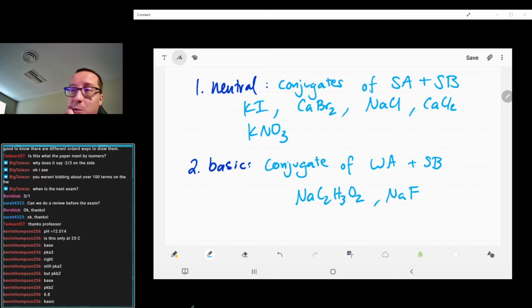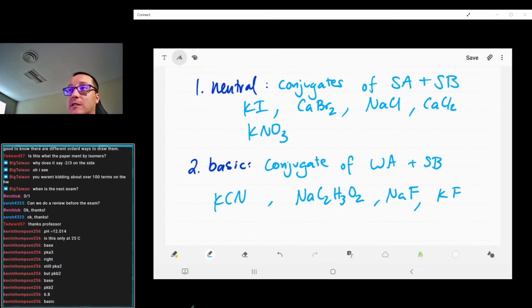Sodium fluoride would be another example. Potassium fluoride. What else do we have? What other nice weak acids do we have? Potassium cyanide would be another one, where we have these conjugates that came from a weak acid. Those would be basic salts.